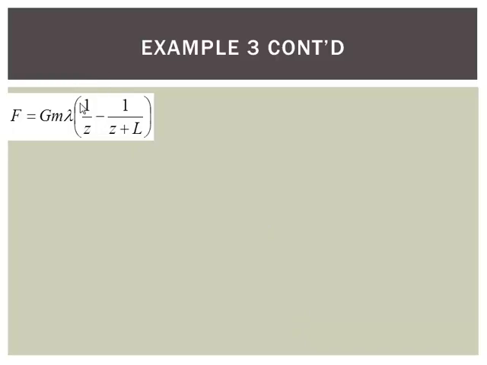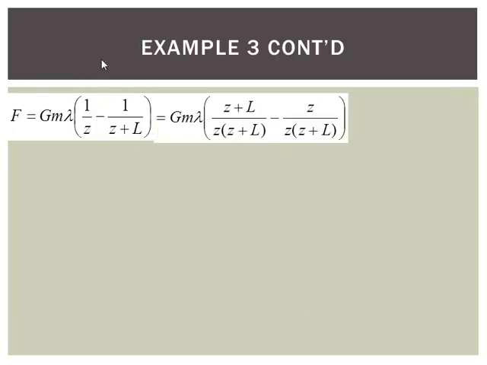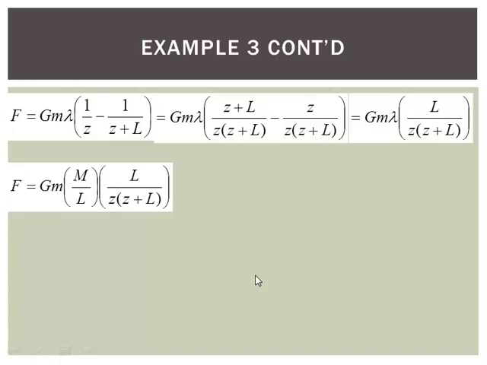So that ends up being 1 over z minus 1 over z plus L. What I did from here to here is I put them both over the least common denominator, simplified it, and you get this. Then for lambda, you can go back and plug in that M over L. That's what I did down here.